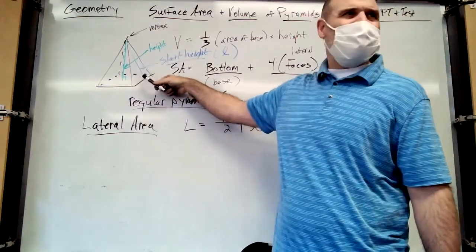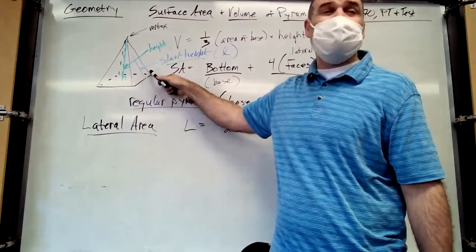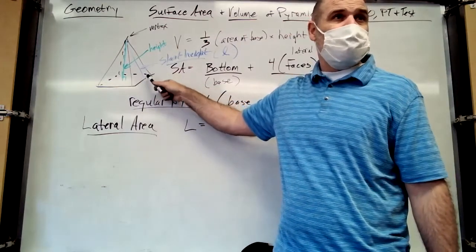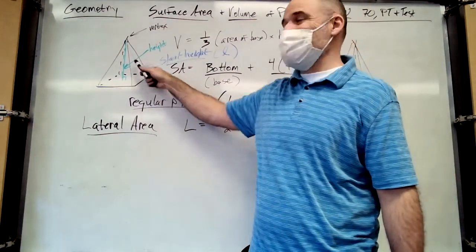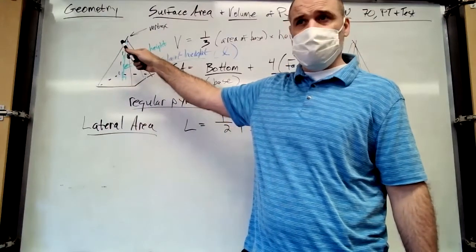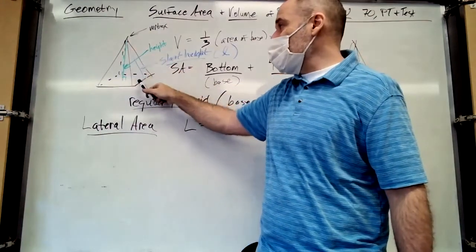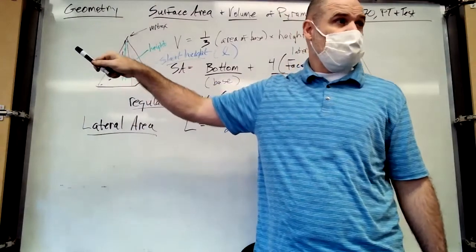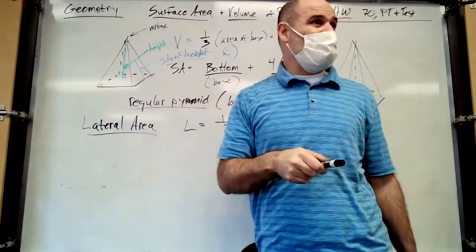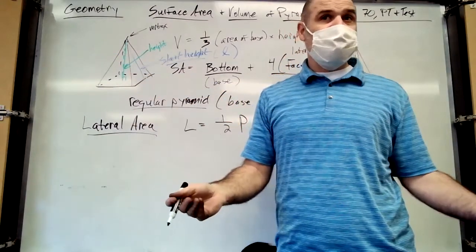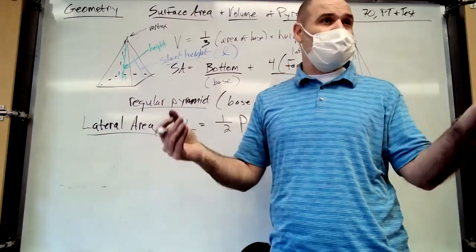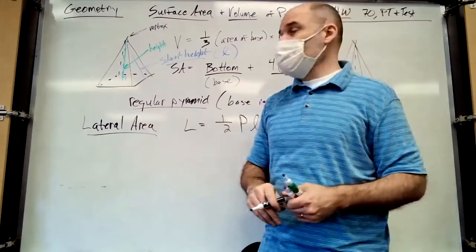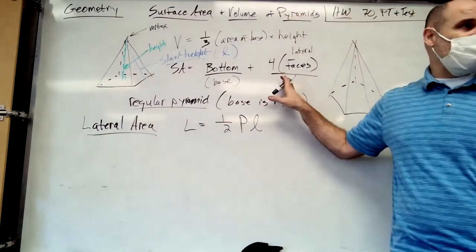How do you find the area of one of those triangles? Well, that's just one of those sides times the slant height divided by 2, right? But then you're going to multiply that by 4. So one of those sides times 4 is the perimeter. So now you're left with 1/2 perimeter times slant height. Now you could do it one at a time if you wanted to.